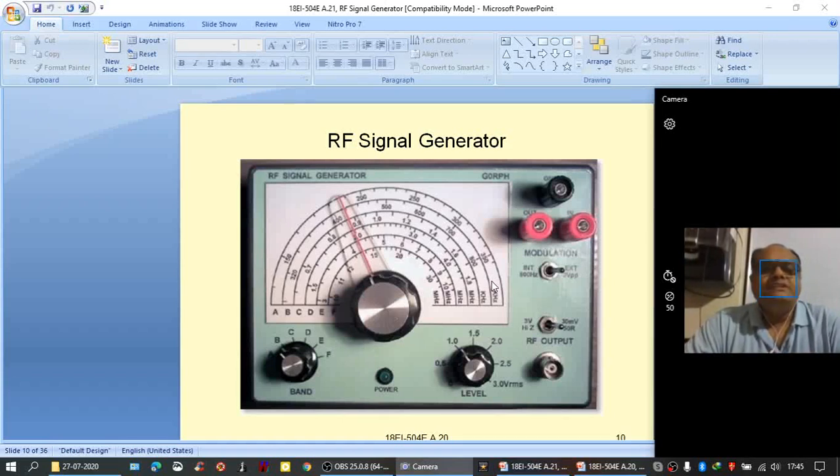Every sound signal has its own amplitude and frequency range. Suppose I am talking, my voice also has a certain magnitude and a certain frequency range. So if my voice is to be transmitted through a cable or through air, let us take an example.